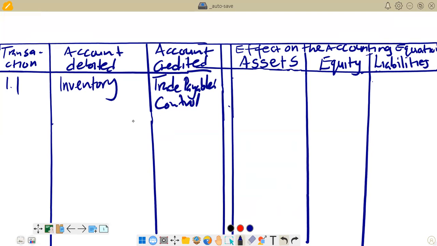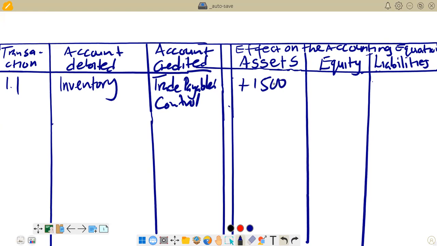And then the effect now, we would want to see this debit, on the debit side of the inventory account. Inventory is an asset, so the inventory is on assets here. When we are debiting an asset account, we are increasing the value of the assets because all assets have normal debit balances. So here we notice there is a plus 1,500.